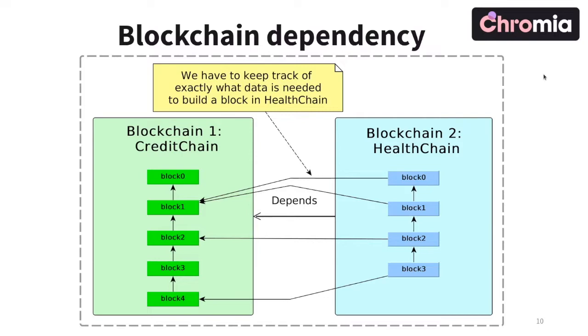It's not so hard to understand why this has to be a requirement. Say that you want to start up a new Health Chain node, and it doesn't have any transactions or any blocks. So what it does is start from the beginning, take block 0 and load all the transactions.